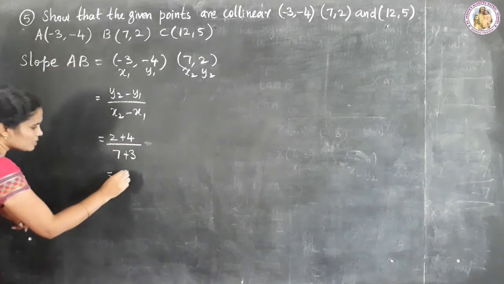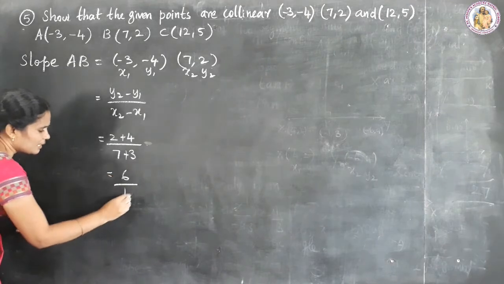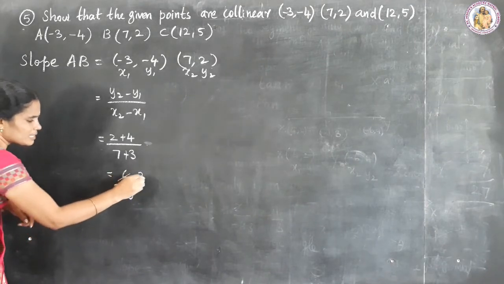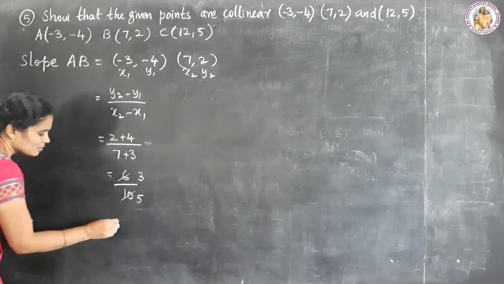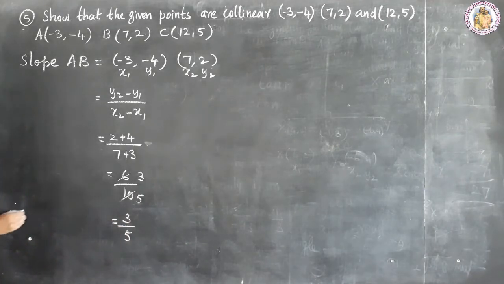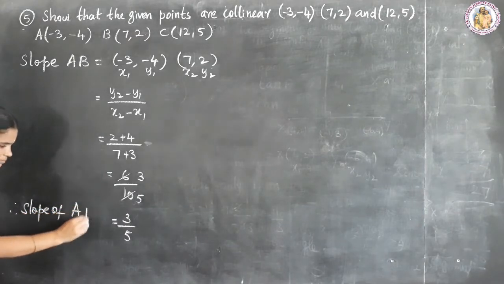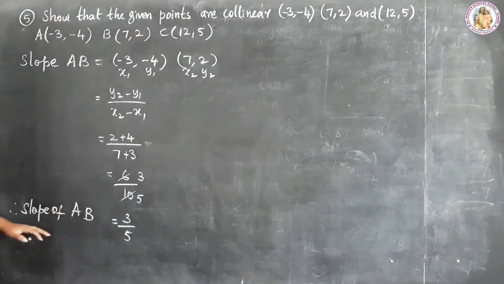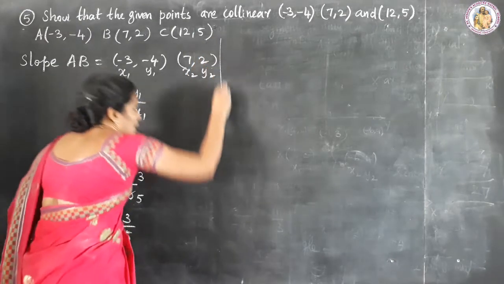So 2 plus 4 is 6, 7 plus 3 is 10. So 2 threes are 6, 2 fives are 10. Therefore the slope of AB is equal to 3 by 5.